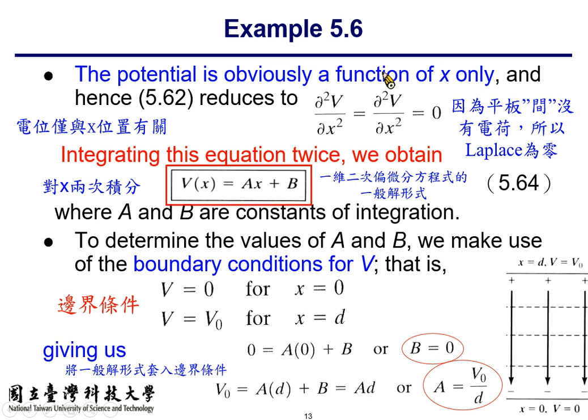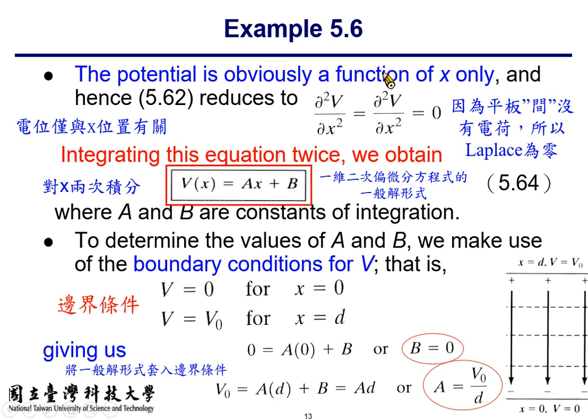The parallel plate extends to infinity in the y and z directions, so you only have spatial variation in the x direction. So you have the second derivative of V with respect to x, del squared V over del x squared, equal to 0.